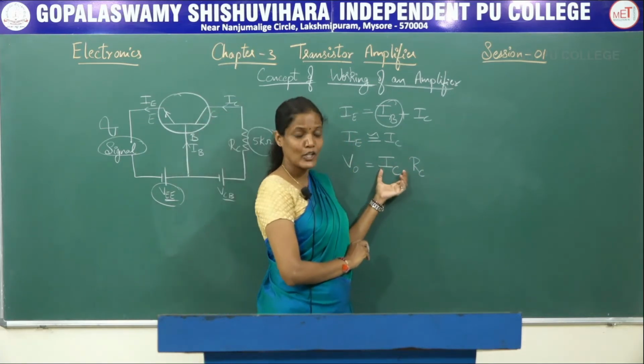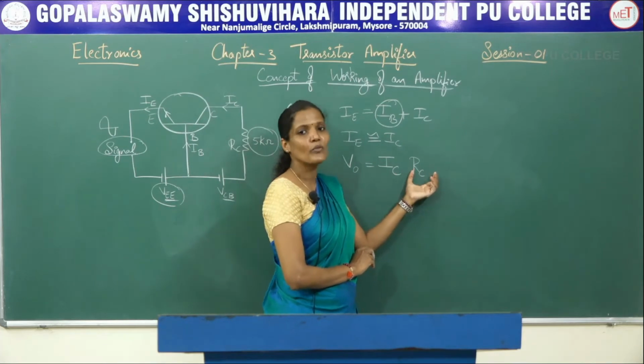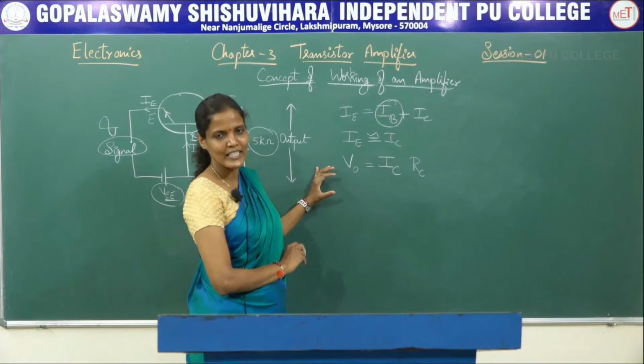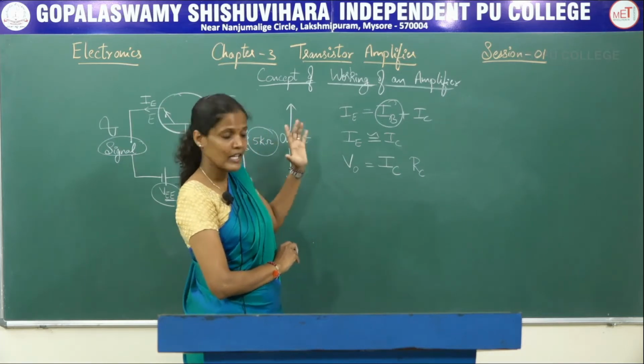Even though the value of IC is small, since the value of RC is very, very large, the V0 value, that is the output voltage, will also be very, very high.